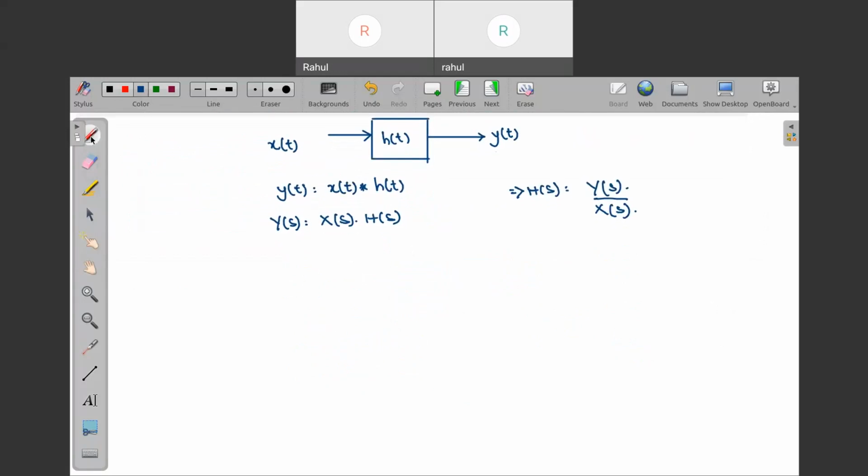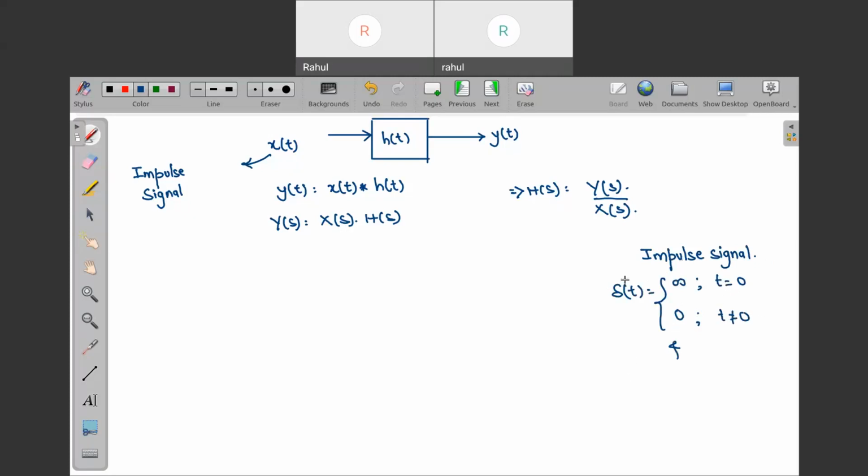Now if suppose x(t) is an impulse signal, what is an impulse signal? The definition of the impulse signal is delta(t) equal to infinite for t equal to 0, and equal to 0 for all other places.